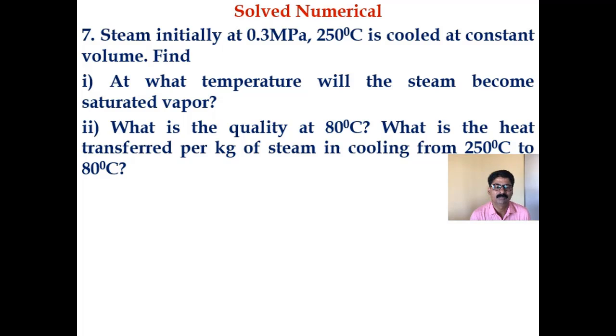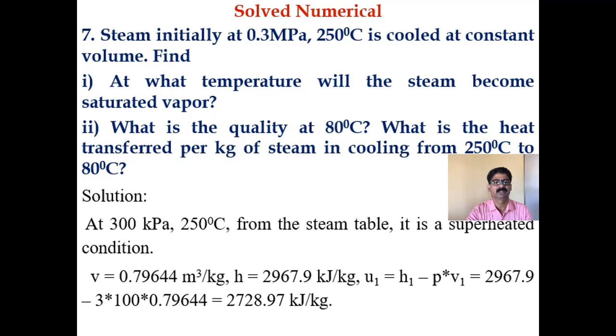From my knowledge, at 3 bar and 250 degrees, I can say it is superheated, so it has to be cooled to become saturated vapor. I have to check at what temperature it becomes saturated, what the quality of steam is at 80 degrees Celsius, and what the heat transferred per kg of steam is in cooling from 250 to 80 degrees Celsius.